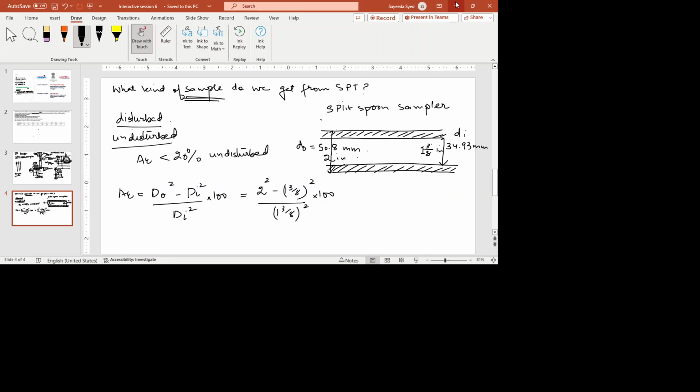So it comes out to be 111.6%. You will get the same result if you take mm. As you can see, this is much greater than 20%, which means it is a highly disturbed sample, which means that it is only a representative sample.